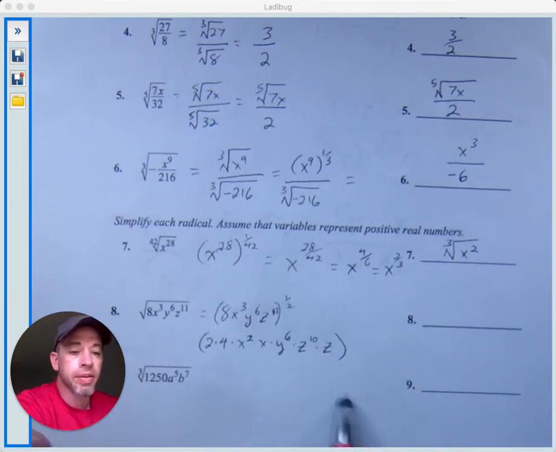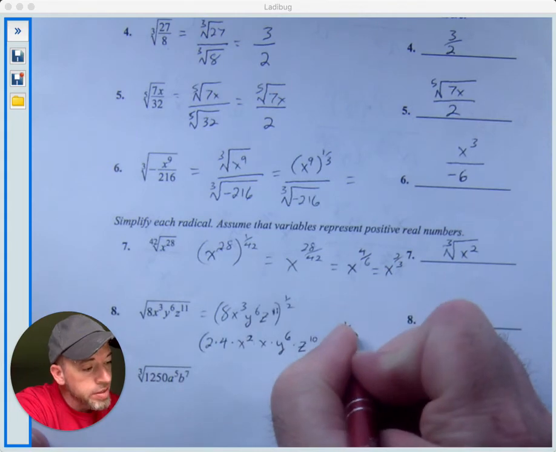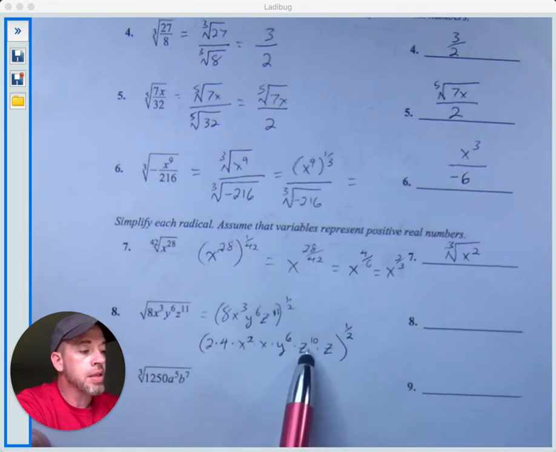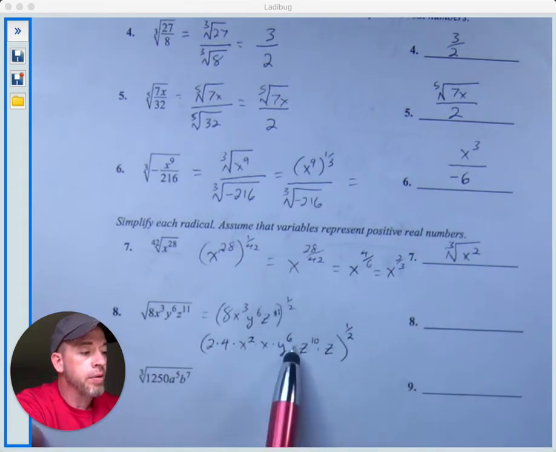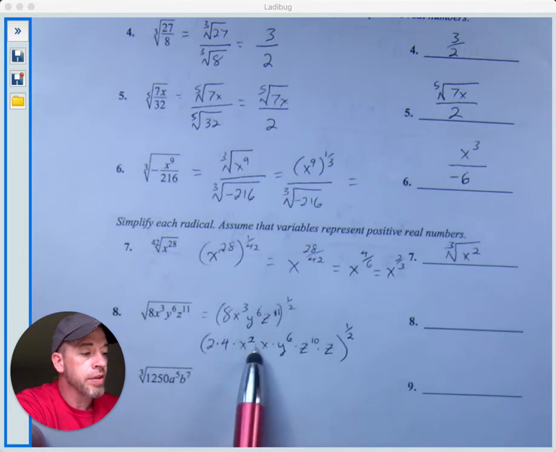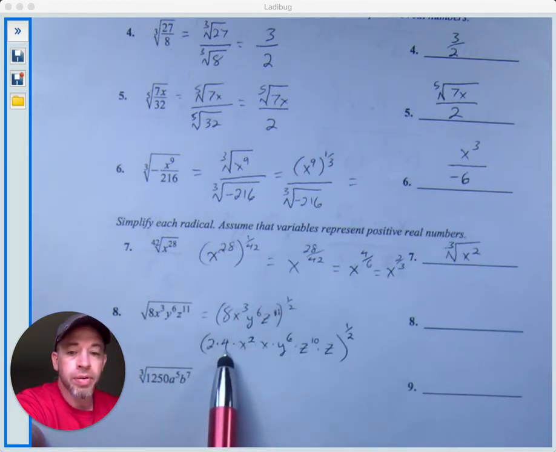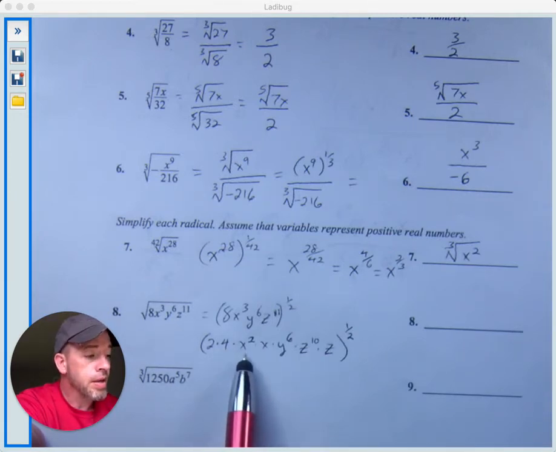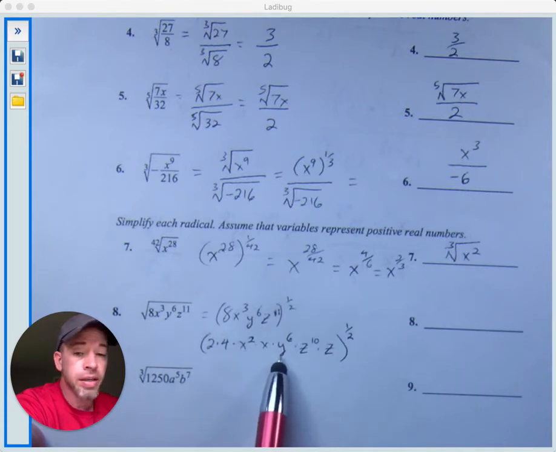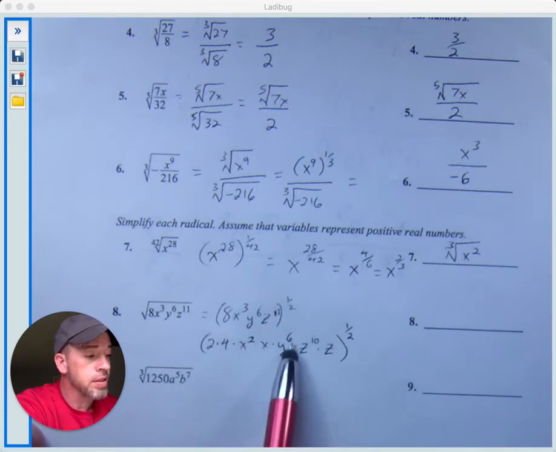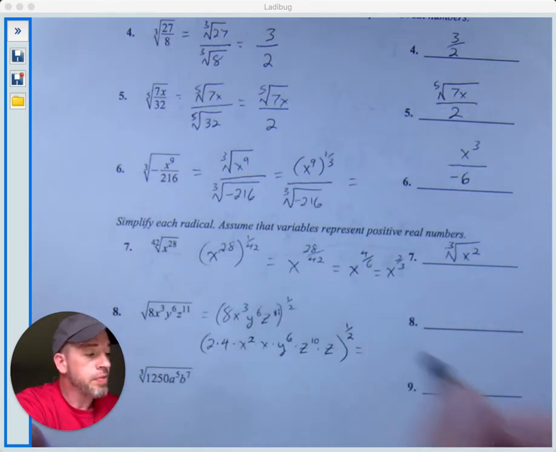Now, the reason I did all that, and I still have this 1/2 power, is I wanted to get things that were even powers of either a variable or a number. Like 2 squared is 4, right? X squared is x squared. Y cubed squared would be y to the 6th. Z to the 5th squared would be z to the 10th. So we can simplify this, all right?